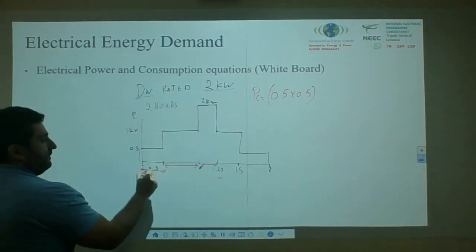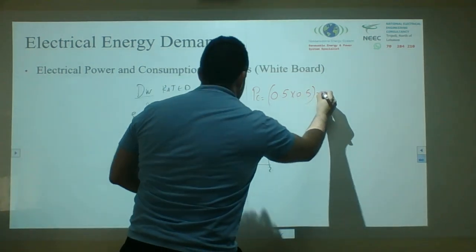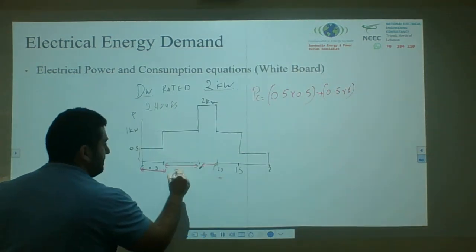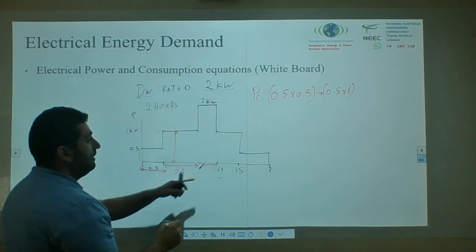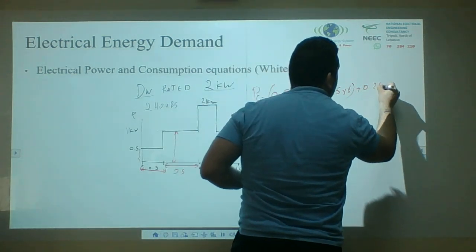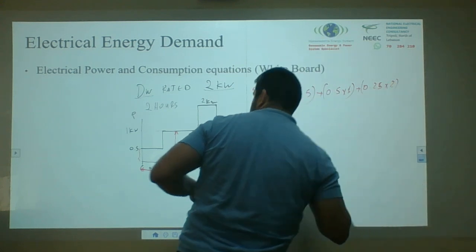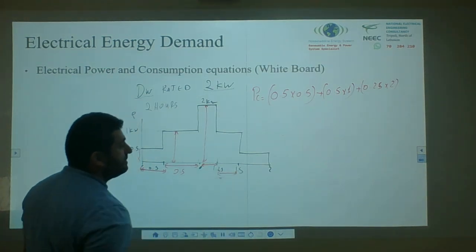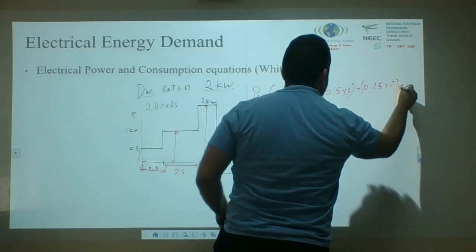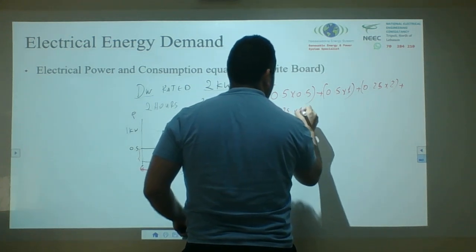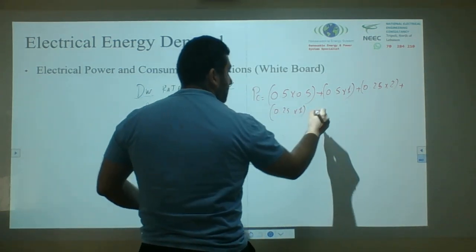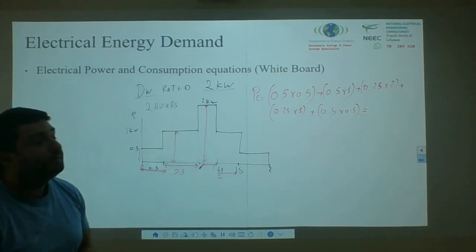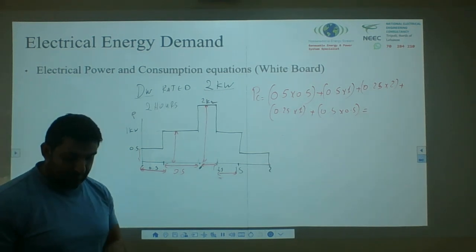This will reflect this area, plus 0.5 multiplied by 1, plus 0.25 multiplied by 2, which is this, plus 0.25 multiplied by 1, plus 0.25 multiplied by 1, plus 0.5 multiplied by 0.5. Is that clear?